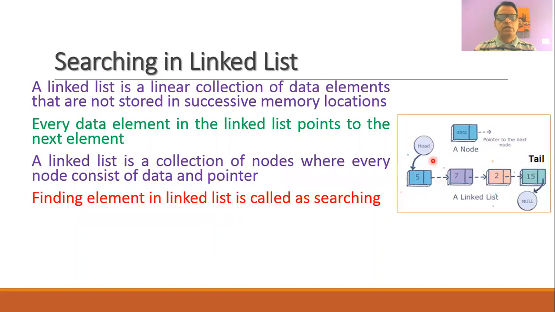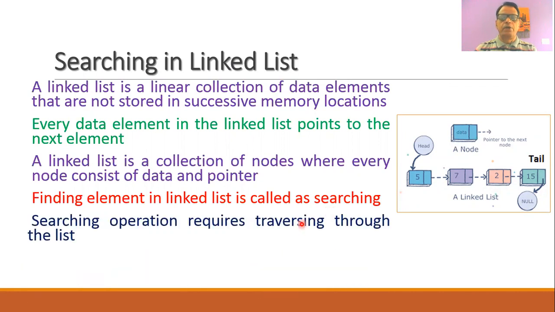The head or the start is a pointer which will point to the first element, and the tail is the last element in the linked list, where the pointer value for this tail is normally null. Now it is frequently required that we search for an element in the linked list. That is, it is needed to find whether a given element is present in the linked list or not, and this operation on the linked list is called searching.